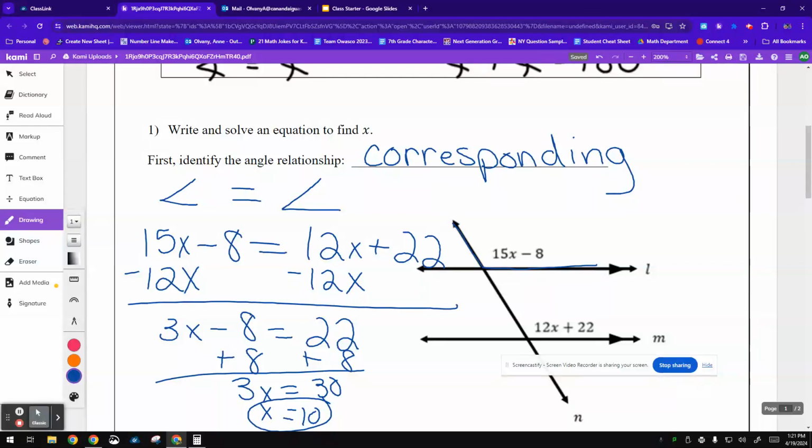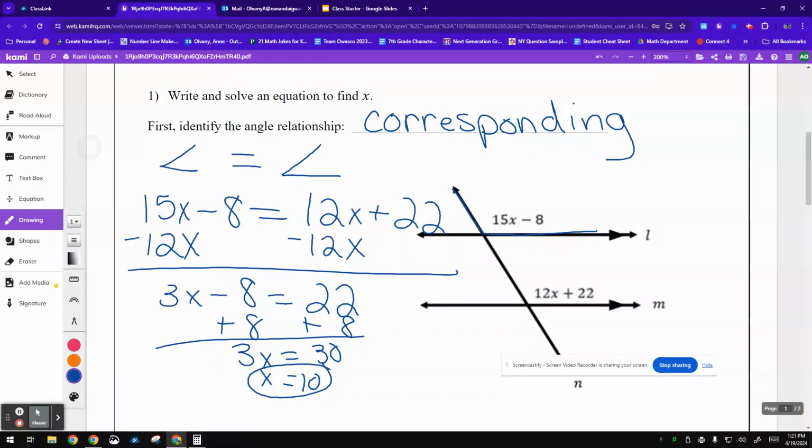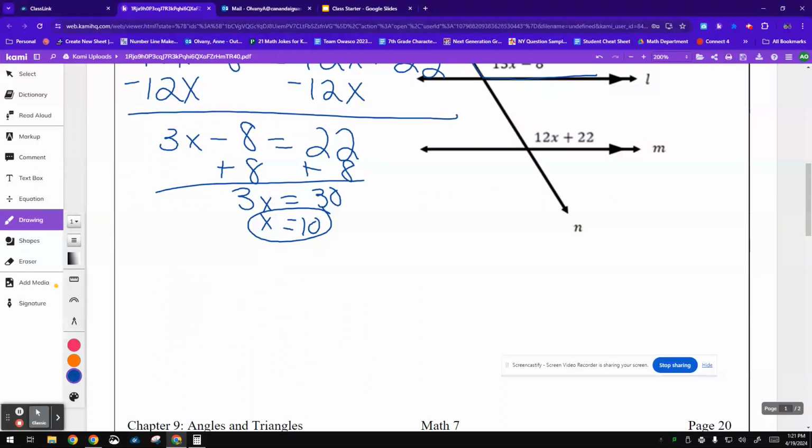When I'm done, I want to go back and look at the question and make sure that I have answered it. The question says, find x. Did I? Yes. Perfect. Excellent. Move on.